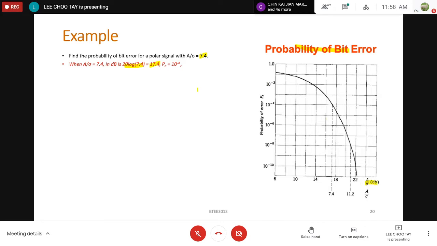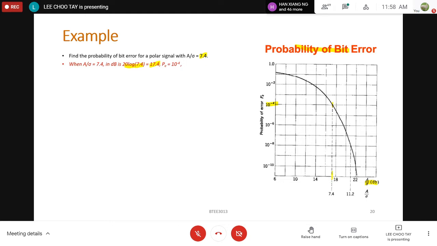So in this case, you need to identify from your curve. 17.4 is somewhere here. A over sigma of 17.4 dB is somewhere here, and this will give you a probability of error of 10 to the power of minus 4.